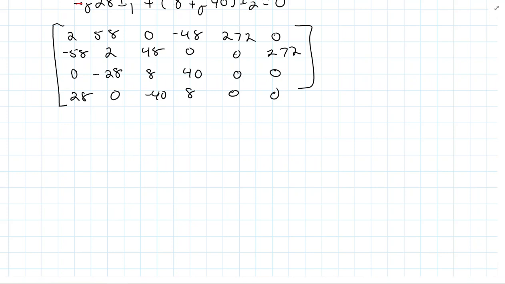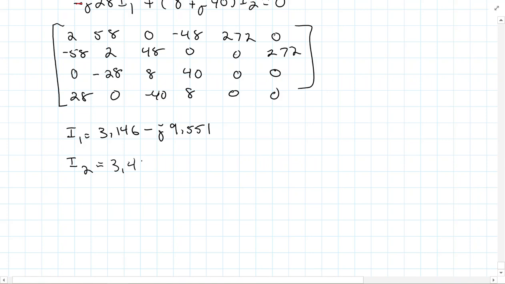And I get, for I1, 3.146 minus j9.551, and for I2 I wound up with 3.403 minus j6, and of course these are both amps. So that's what we'd get.